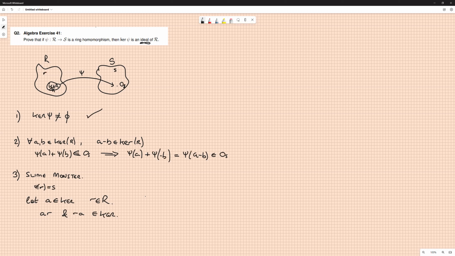If they're in the kernel, we know they're going to map to the 0 over here in S. So let's start off with AR.